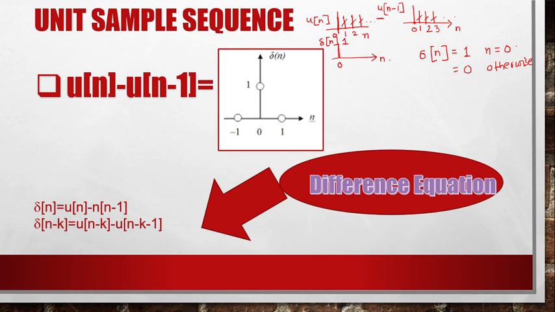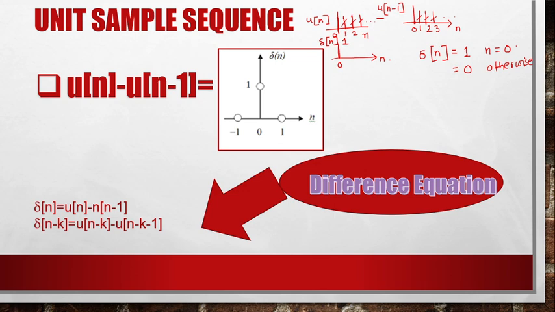In this way we can get the unit sample sequence from the difference equation of unit step signals. It is very important that we will discuss the properties of delta. Delta is a very important thing. The delta function has certain properties, and we will discuss them afterwards.